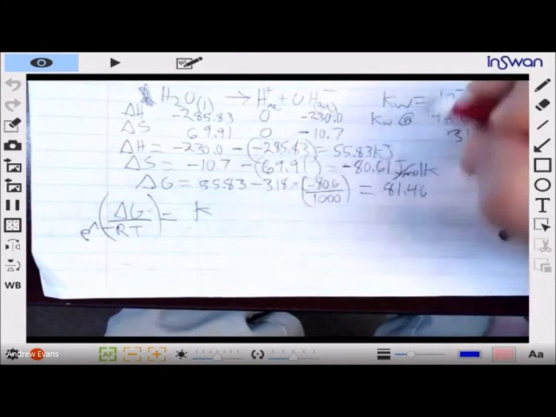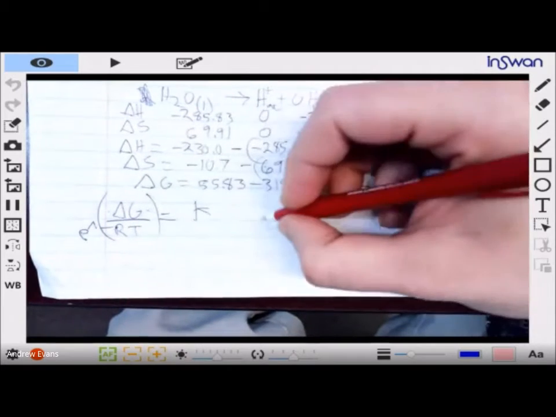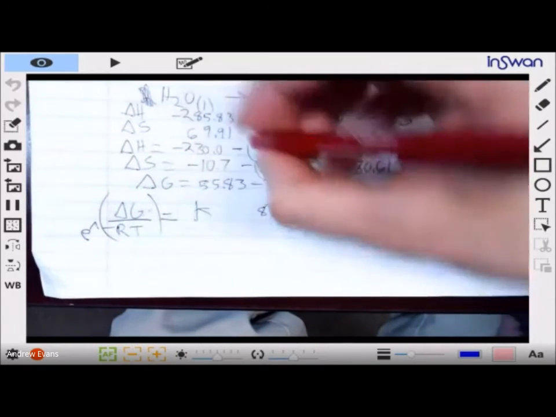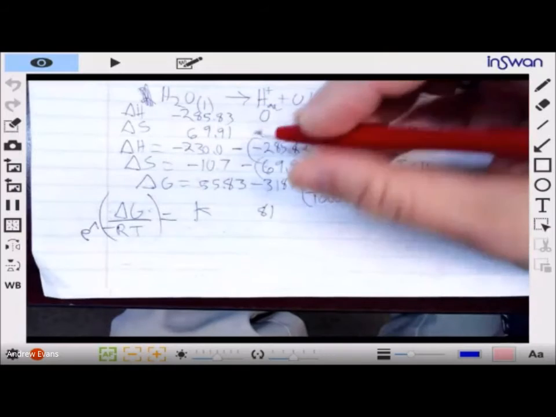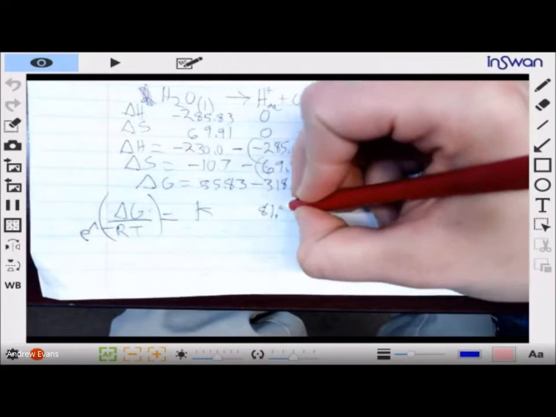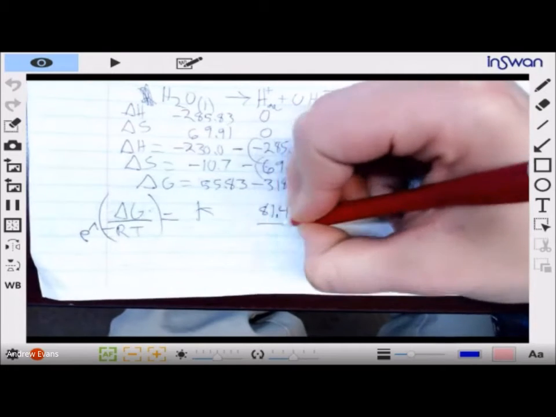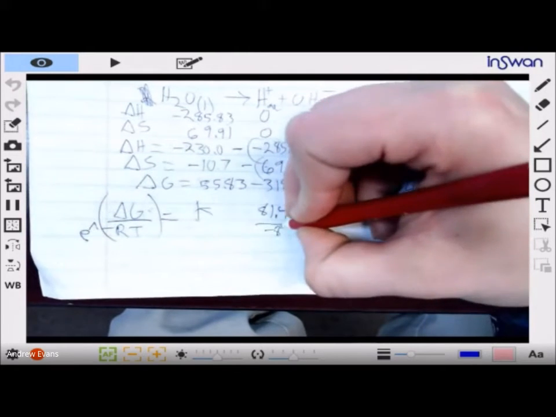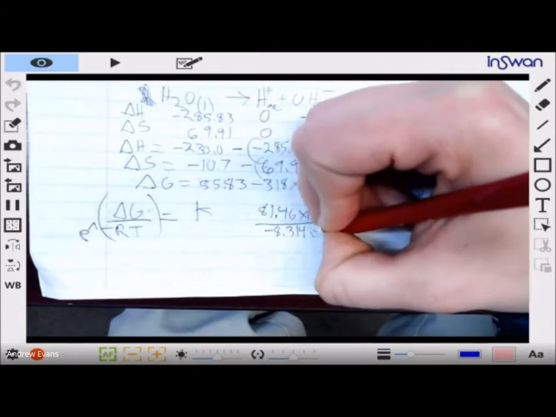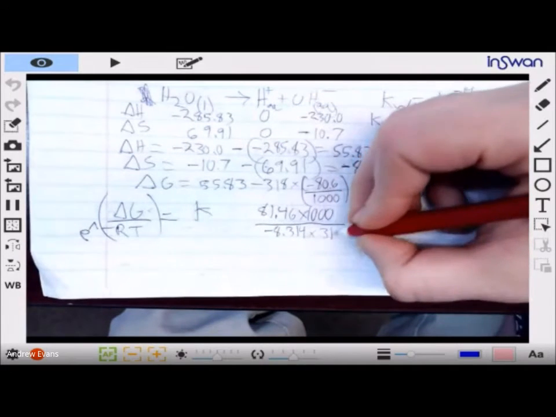So in this case, once again, watch out for the units because R is 8.314 joules per mole Kelvin. 81.46 times 1,000 divided by negative 8.314 and 318.